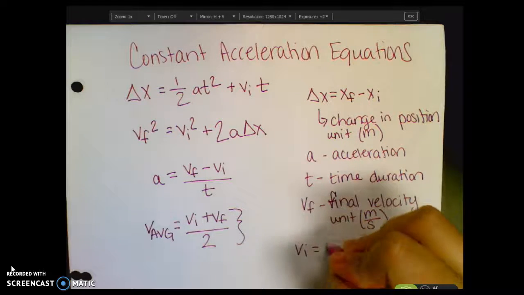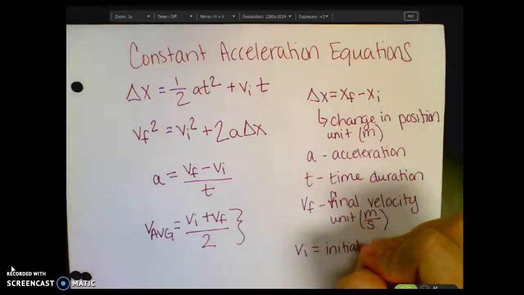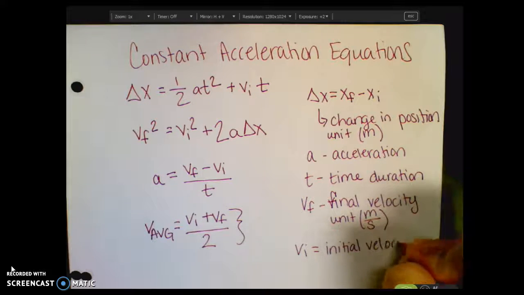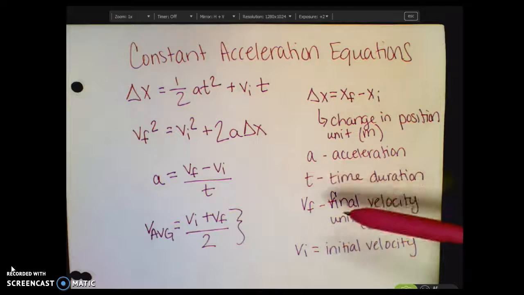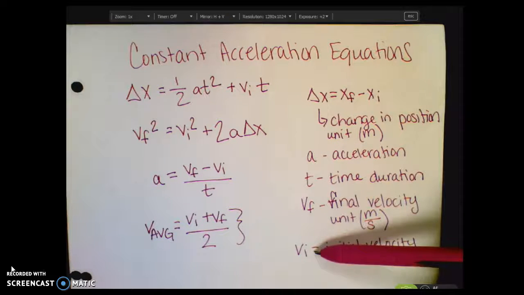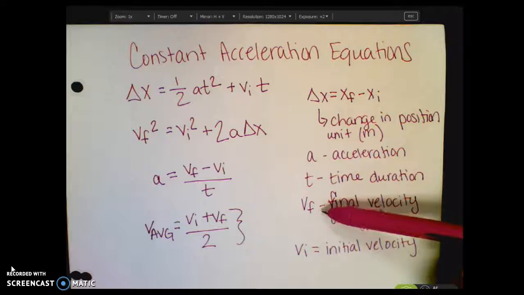vi represents initial velocity. That's where you start. Let's say an object started at 20 meters per second and went to 30 meters per second over the course of 5 seconds. Then my initial speed would be 20 meters per second. My final would be 30 meters per second.